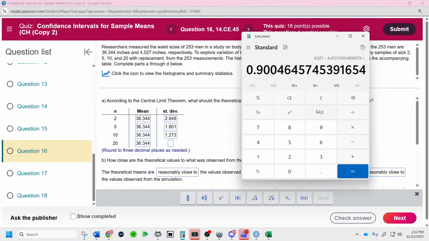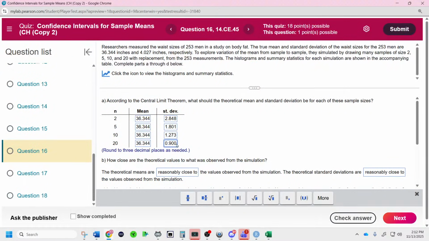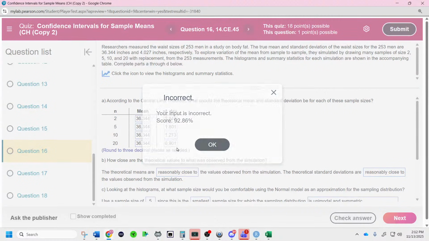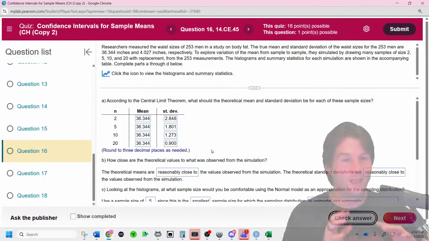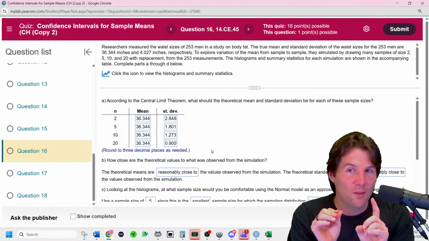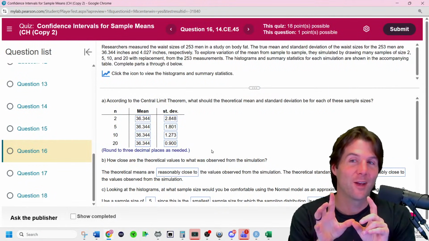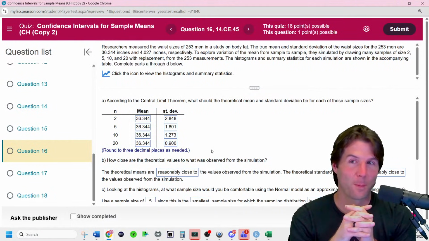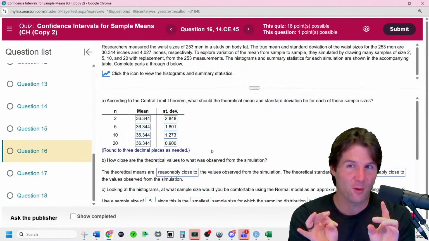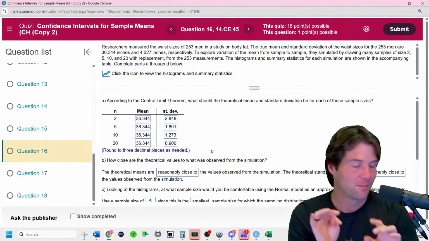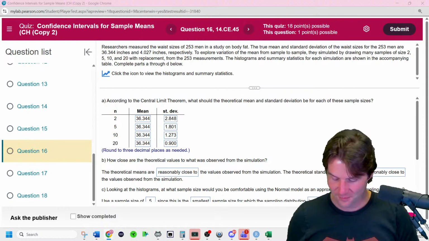4.027. Oh, no way. I entered in this. What did I have? I had this in. And it's this. I literally was off by thousandths. I was off by thousandths. 50,000 points.